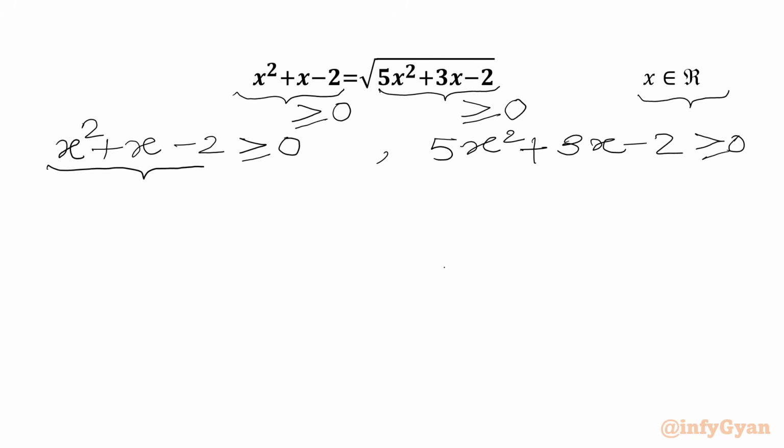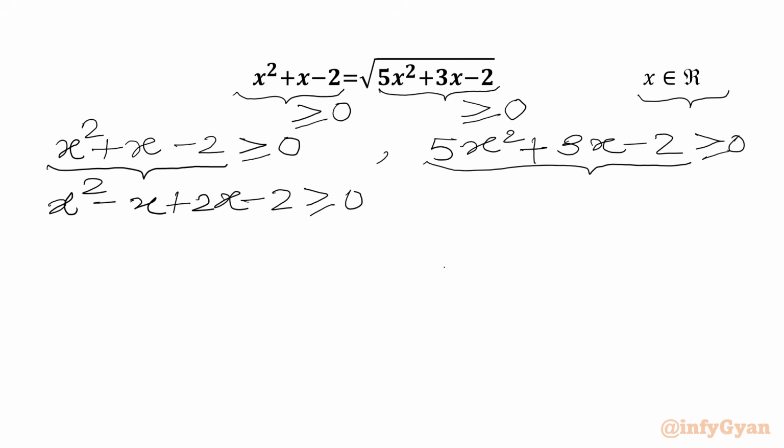Now we will try to factorize our LHS. If we can, then we can think about splitting the middle term: plus x can be written as minus x plus 2x, minus 2 greater than or equal to 0.